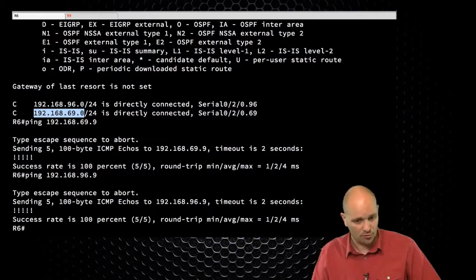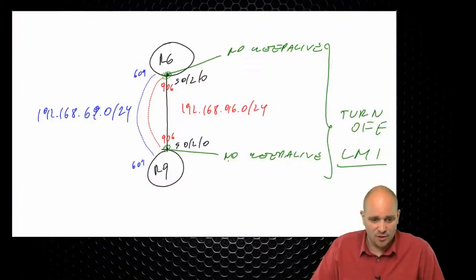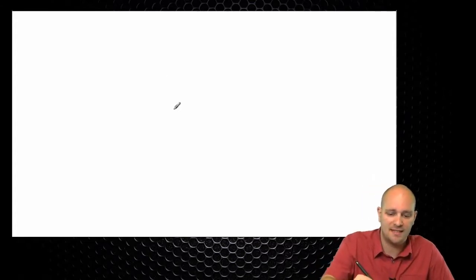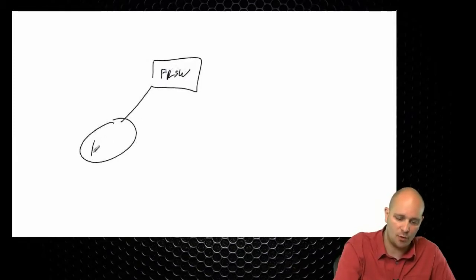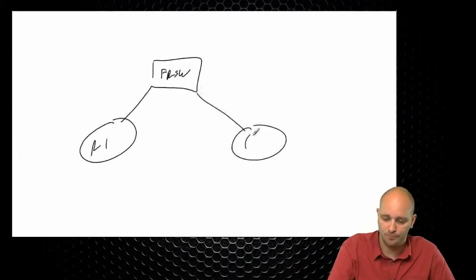But mind you, one more thing. There is actually a situation that is similar, and that is that sometimes when you're going to the frame relay switch, you need to do it. Let's say here that you had a frame relay switch. So this is a frame relay switch, and you have router R1 and you have router R2.